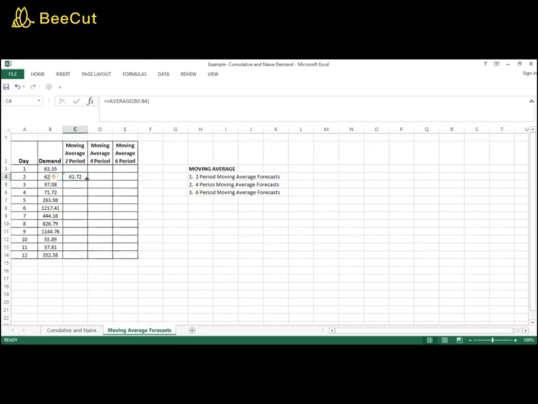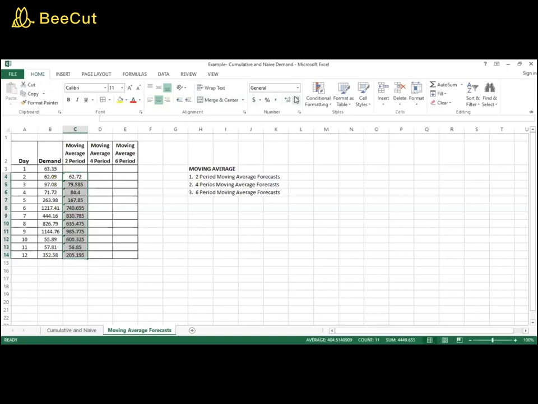Now, once I've put this formula in, I can click and drag. And again, just to show, this 205 should be an average of these two figures. And I'm going to do a quick calculation just to show you that it is exactly the same. I generally like to have 2 decimal points, so I'm going to make this 2 decimal points just to standardize it.